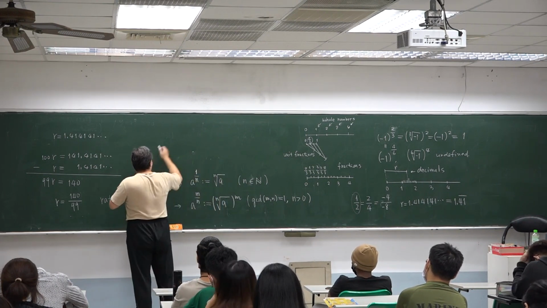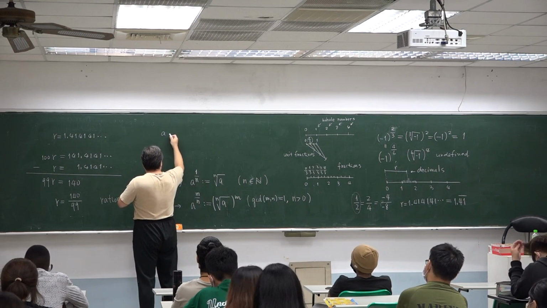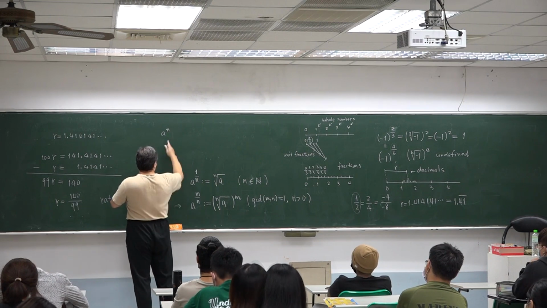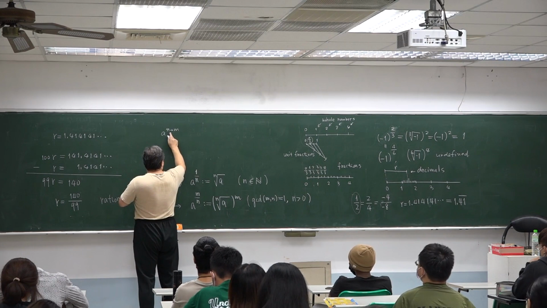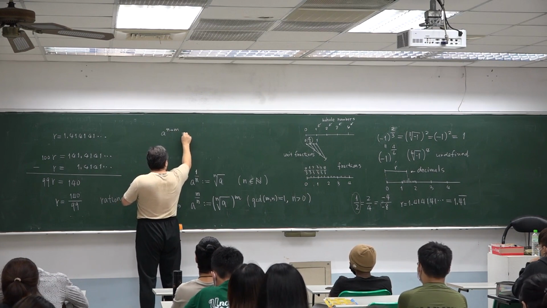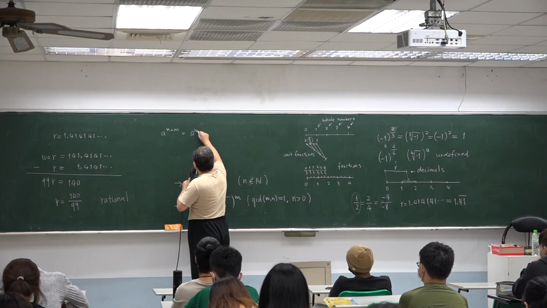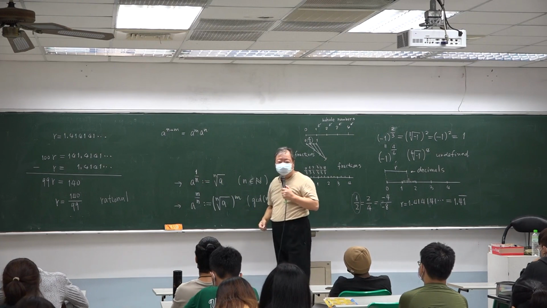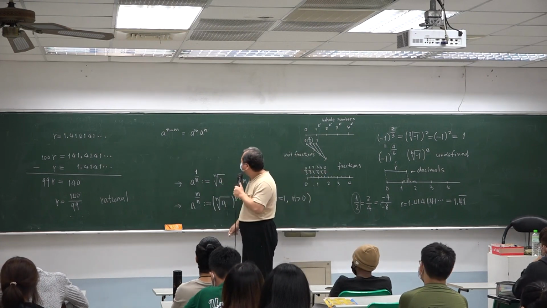That's an exam question. Suppose with A, this is the exponent. This is a number. If m and n are natural numbers, then certainly we have this equality.